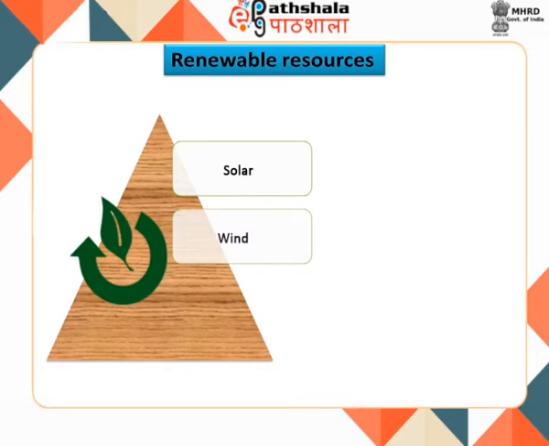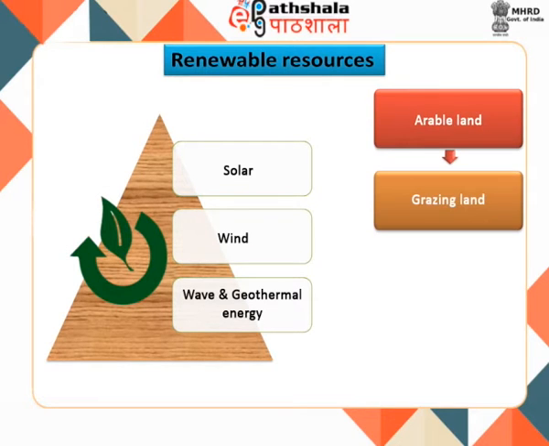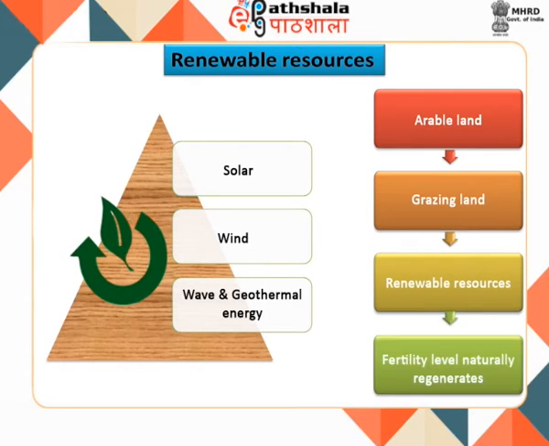Solar, wind, wave, and geothermal energy are also considered renewable. Arable and grazing lands are also classified as renewable resources as their fertility levels can naturally regenerate so long as the demands made on the soil are not excessive.